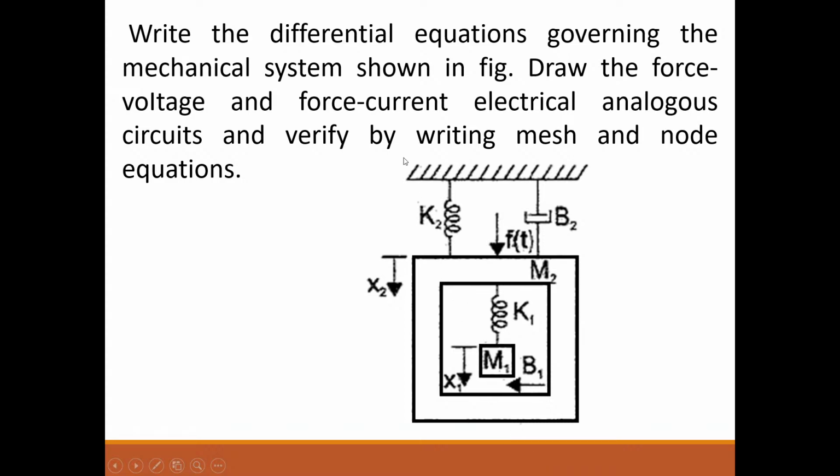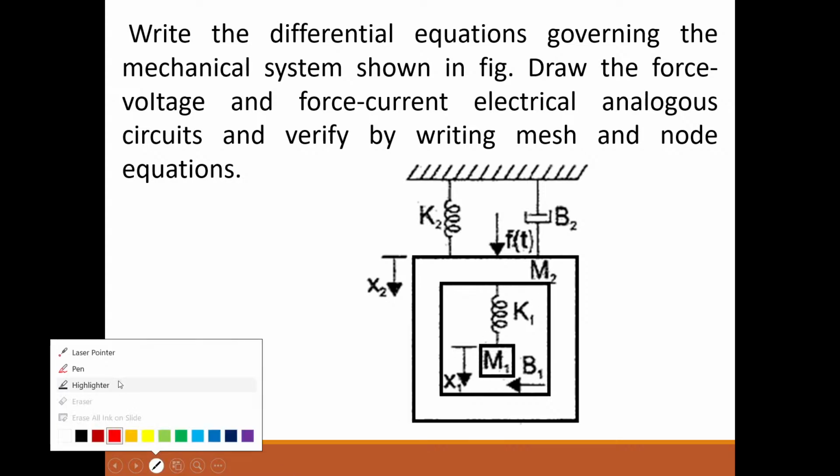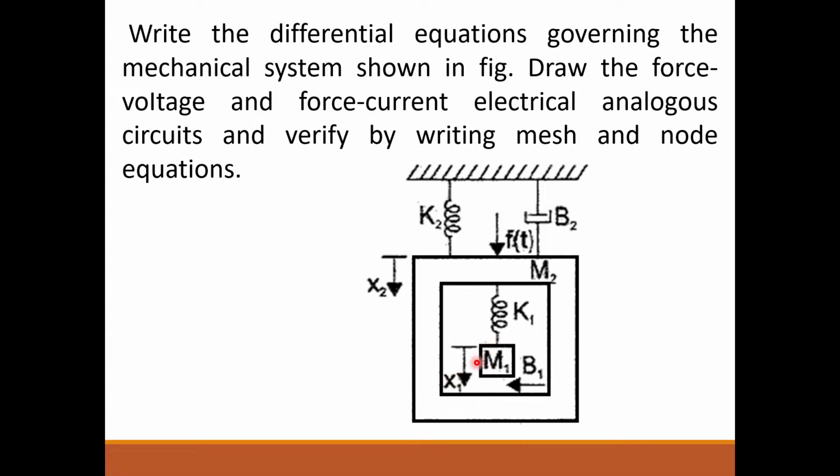You can see here in this mechanical translational system, there are two masses, M1 and M2. Displacement has been mentioned. At M1 the displacement is x1, at M2 the displacement is x2.